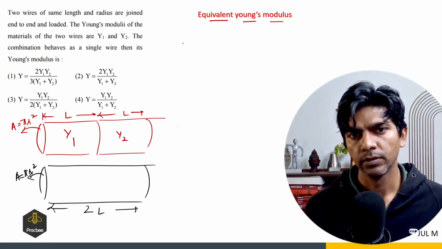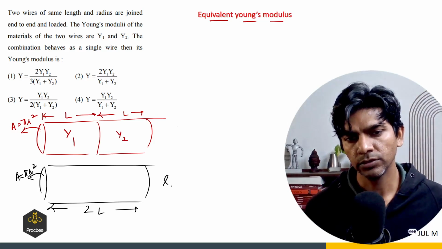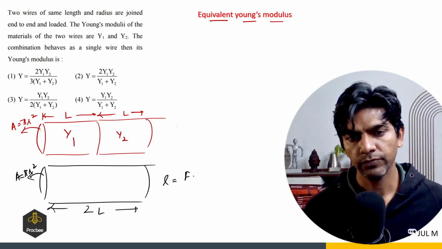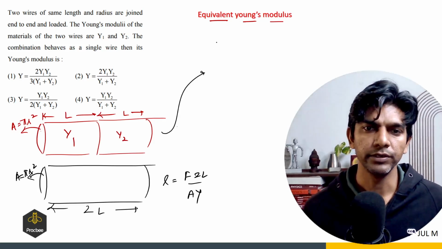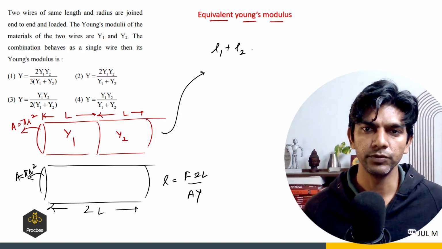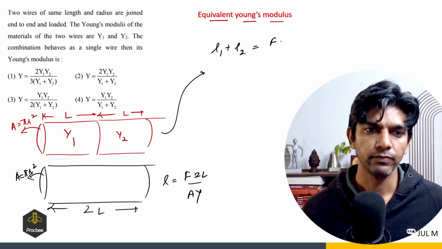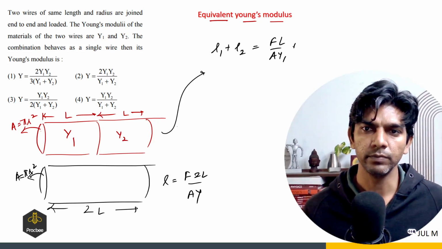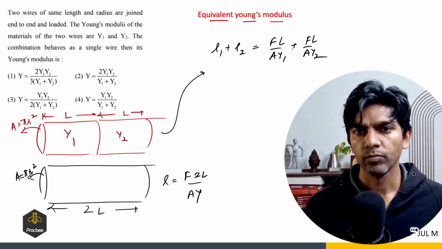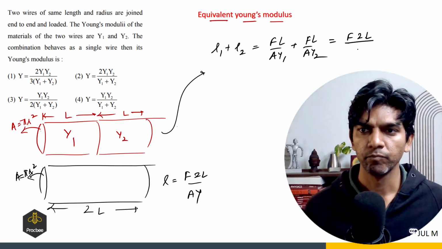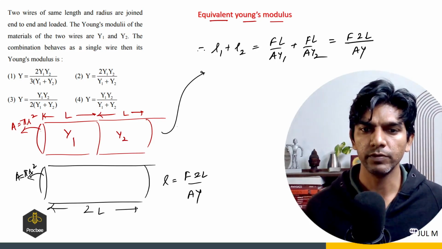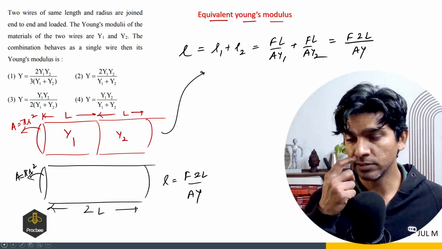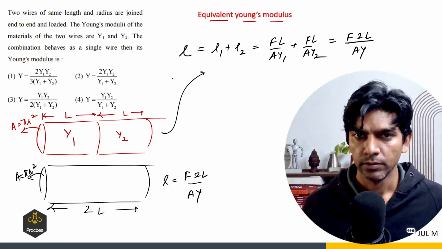So here elongation will be F L upon A Y. So in this case elongation will be L1 plus L2, which will be F L upon A Y1 plus F L upon A Y2, right? And this is nothing but F times 2L by AY, right? Because this will be equal to L only, right? Because we are considering the equivalent length.